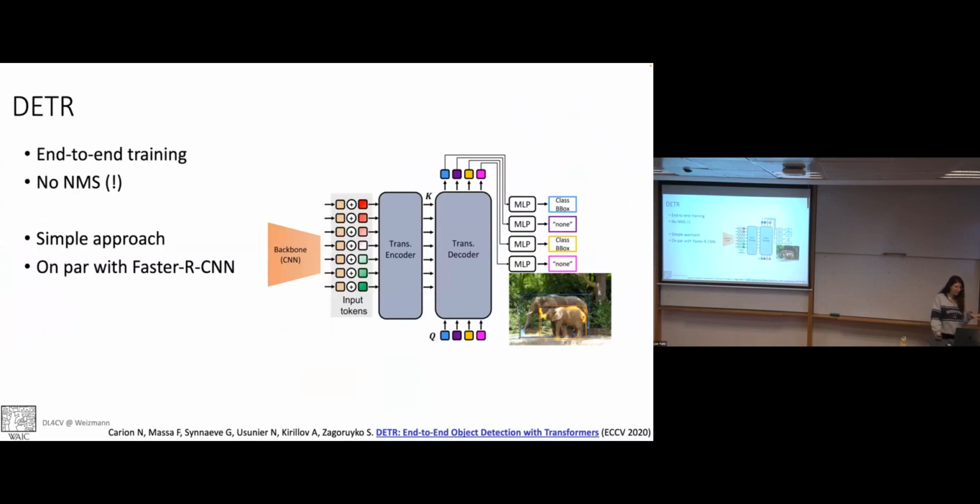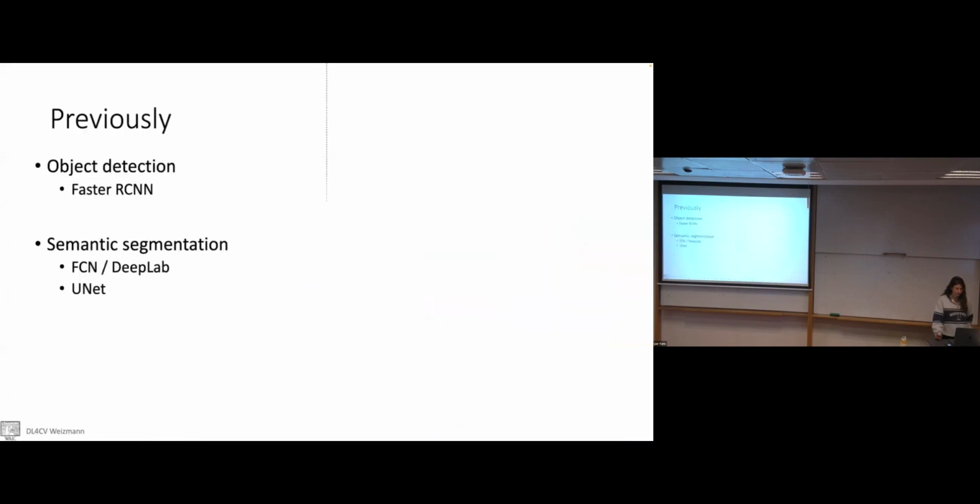So just a small recap about DETR. Again, it is end-to-end training. I'm not sure how fast it works because it is a transformer, which is much more computationally heavy than a CNN. It is a simple approach, and in terms of results, it's equivalent to Faster R-CNN, which is pretty nice.